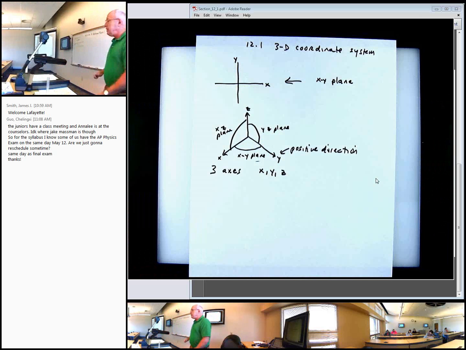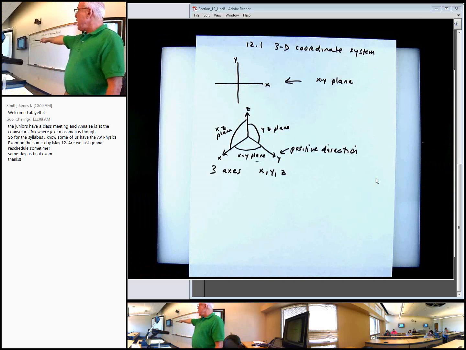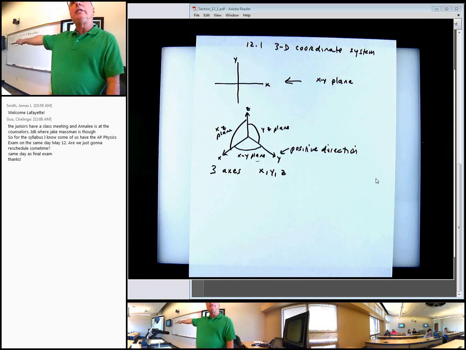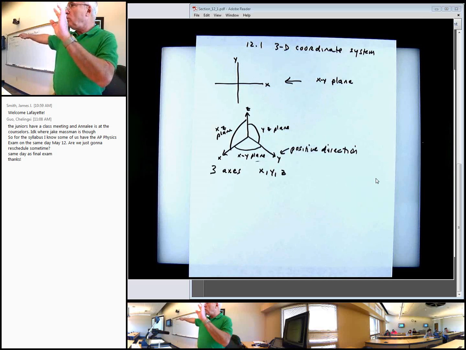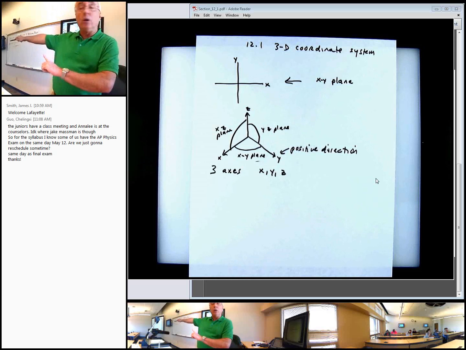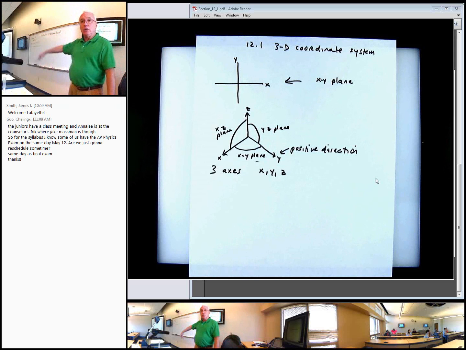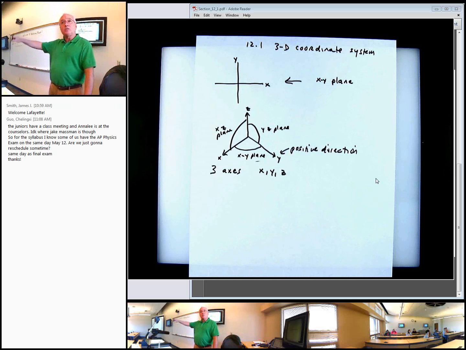You can actually think of it as like looking at a building, and the corner of the room could be looked at as the origin, 0, 0, 0. And then basically the floor here could be looked at as the XY plane, all right?